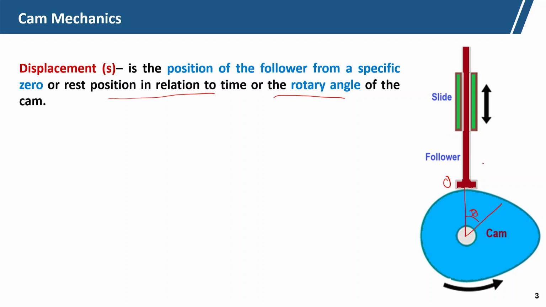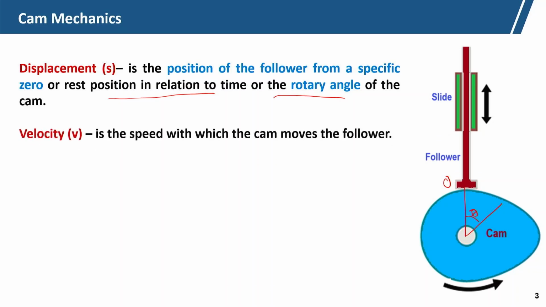The distance travelled is called displacement. Velocity is the speed with which the cam moves the follower. The velocity will keep on changing; we will discuss it in detail.